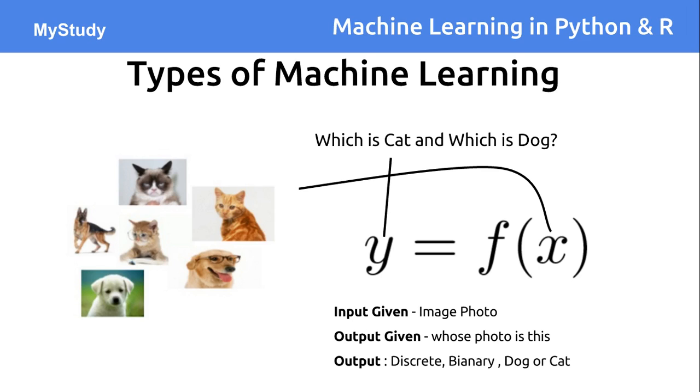And as you have observed, in this case the output is discrete, binary, either dog or cat. It's not a continuous value, but a discrete value, a set of values. So compared to our earlier example, in this case we don't have a continuous value output, but a discrete set of output.